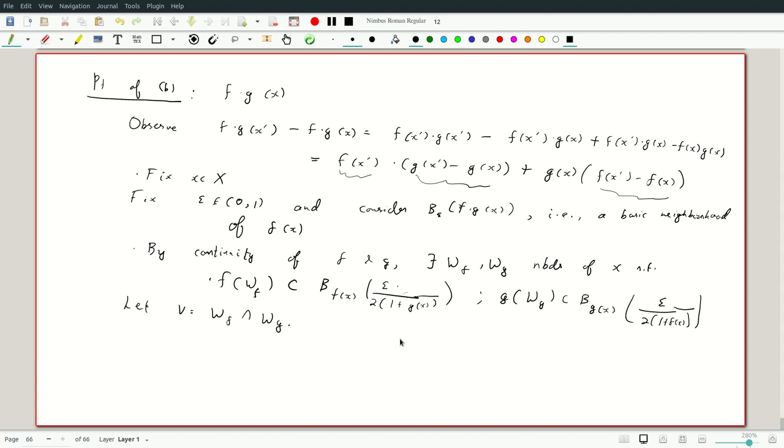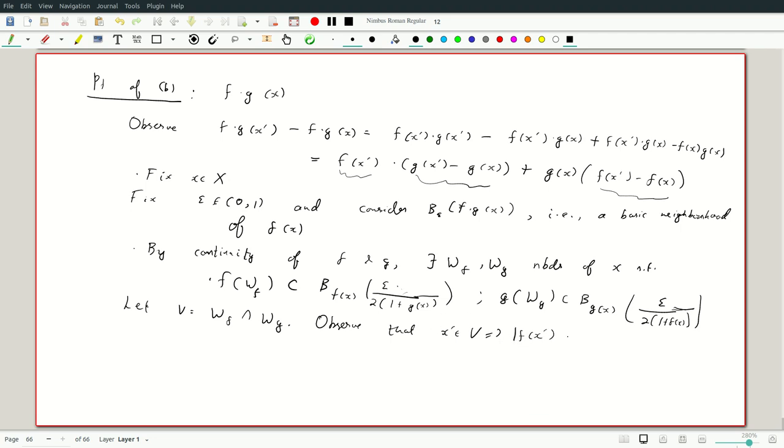Okay, now epsilon is less than 1. So since epsilon is less than 1 and this quantity is even smaller, we have 2 into 1 plus epsilon. So observe that x prime in V implies that f of x prime is contained in this ball.